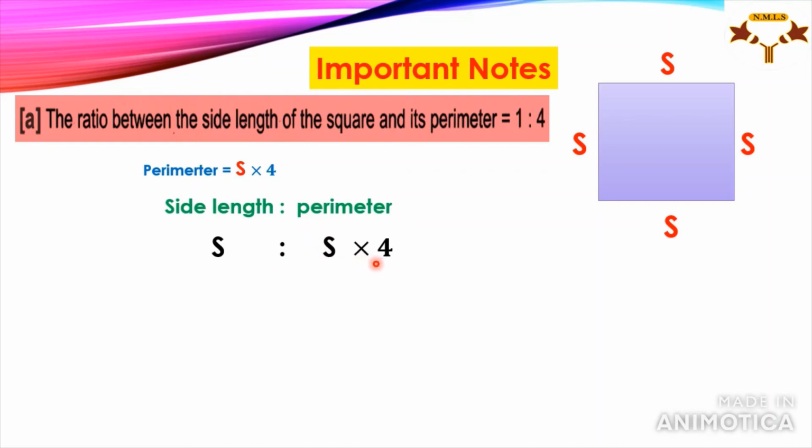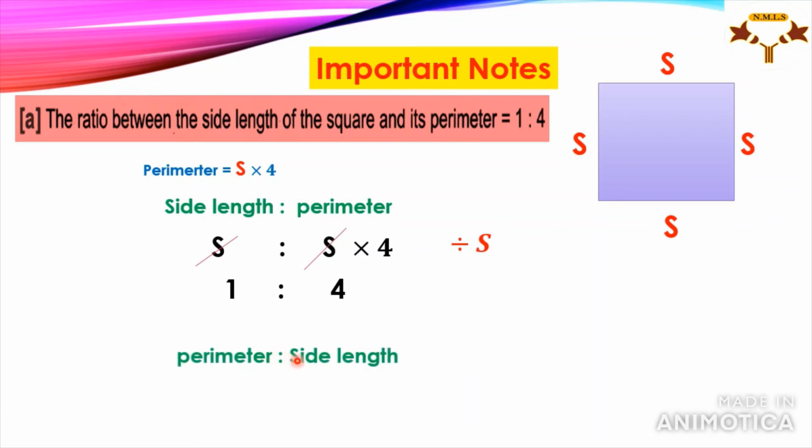And we said the perimeter is side times 4. I want to simplify this ratio, so I will divide both terms by S. S divided by S equals 1. And 4S divided by S, the answer will be 4. So the ratio will be 1 to 4. So side length to perimeter equals 1 to 4.